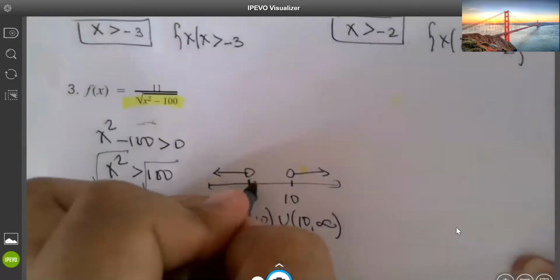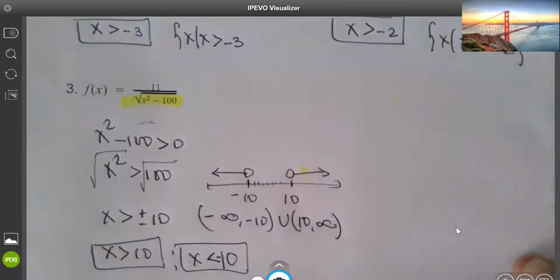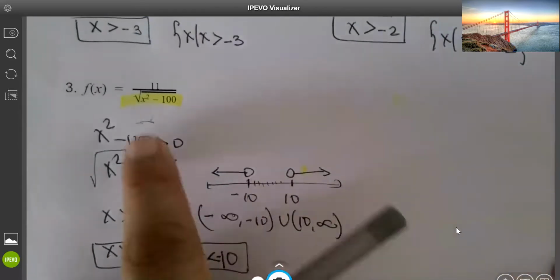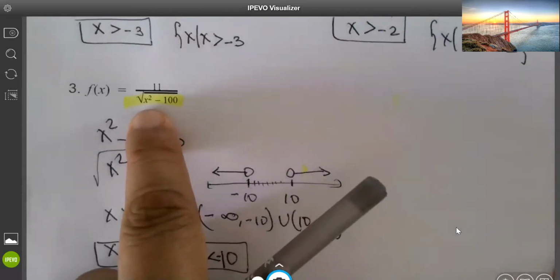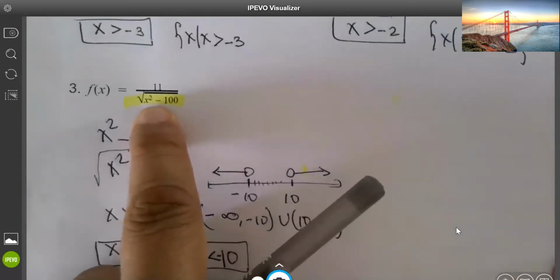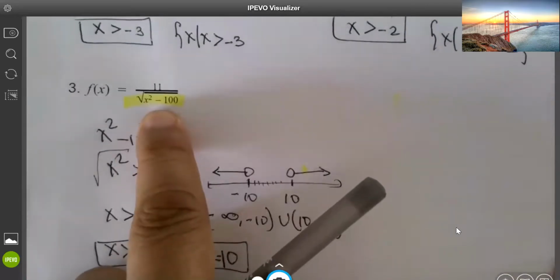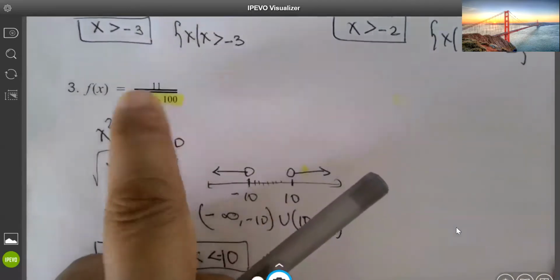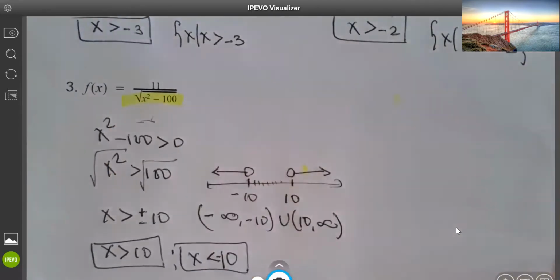Meaning to say these numbers here are not included. Let's check. Greater than 10. So 11. 11 raised to 2 is 121. Minus 100 is 21. So that's not 0, and it's positive. Negative 11, the same thing. Okay, it's not 0, and it is positive.